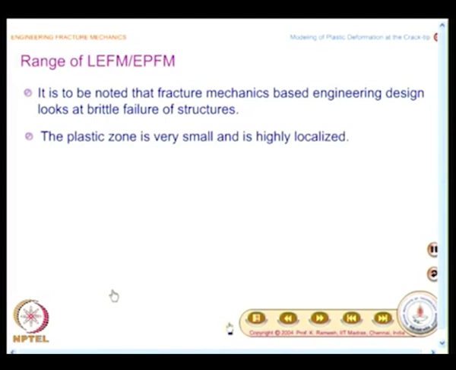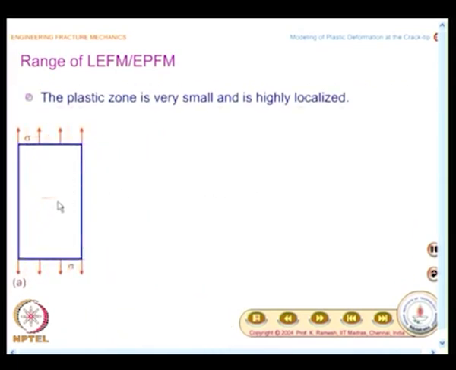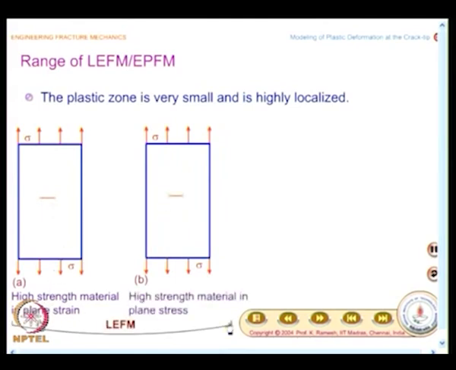And before we get into the discussion of plastic zone, we have already seen the range of linear elastic fracture mechanics and elastoplastic fracture mechanics based on the plastic zone, and you have to recognize the plastic zone is very highly localized. Only when you magnify are you able to see, and this is the situation that exists in high strength materials in plane strain.